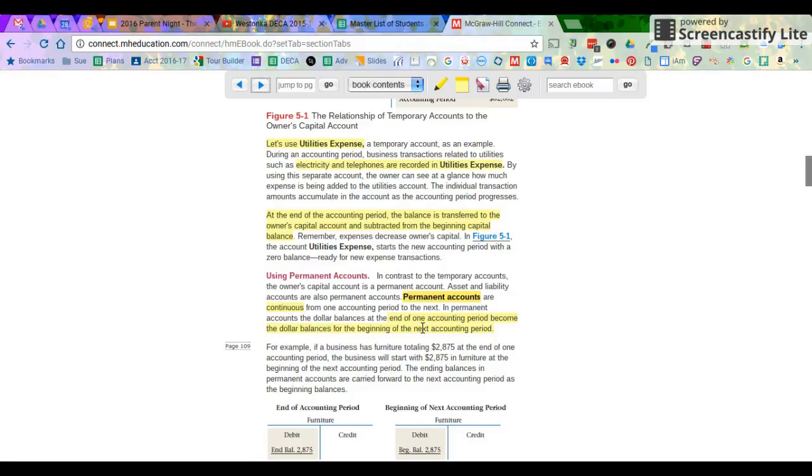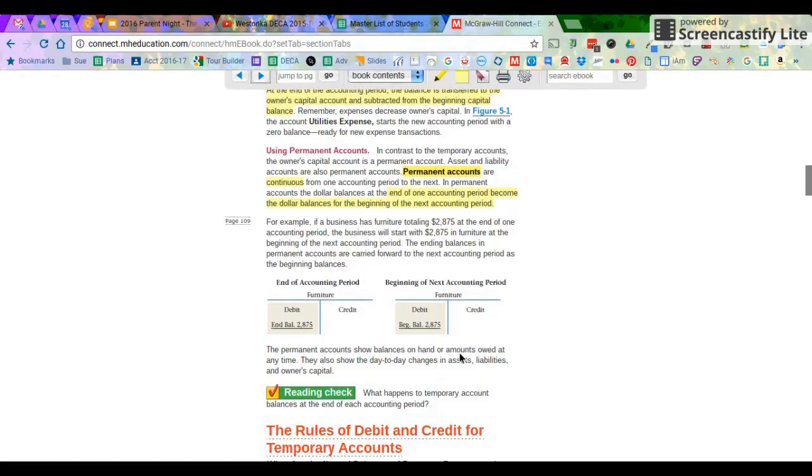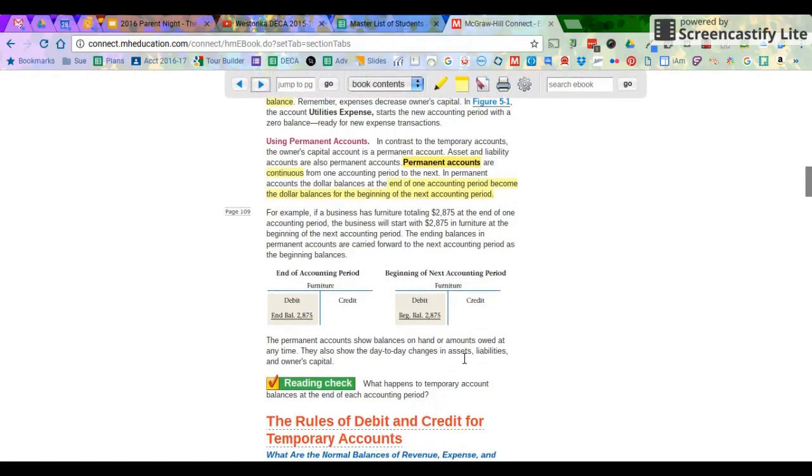You wouldn't want to have a cash balance of zero or a capital balance of zero because your business would be hurting. Although an accounts receivable or something else like that might have a balance of zero, the big accounts wouldn't. Whatever they have at the end, like for this example right here, furniture, at the end of the month it had $28.75, and of course in the next period it would start with that balance, kind of signified by these two T accounts here.